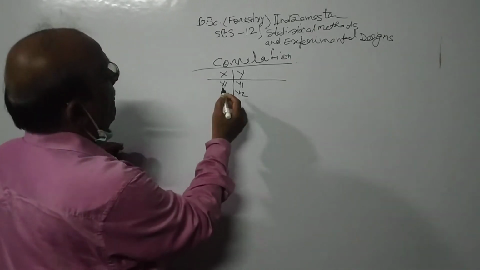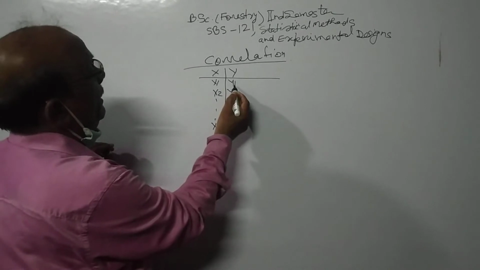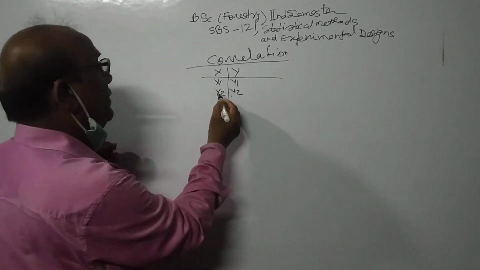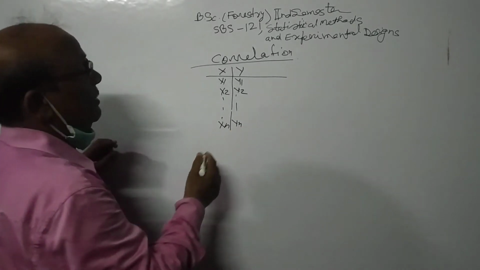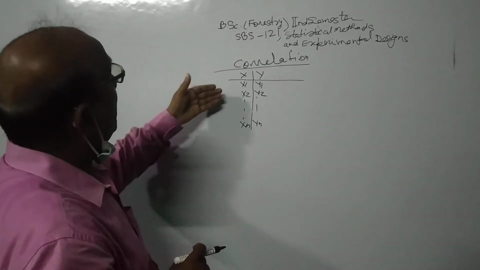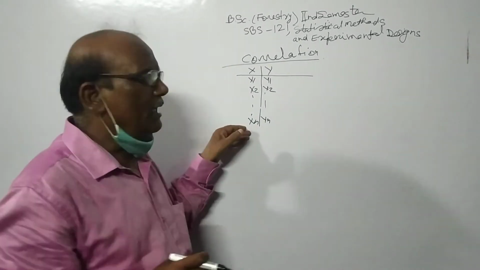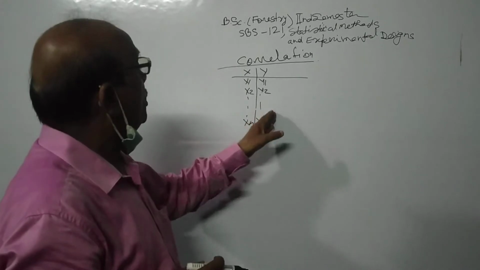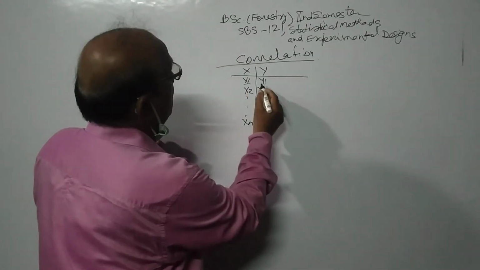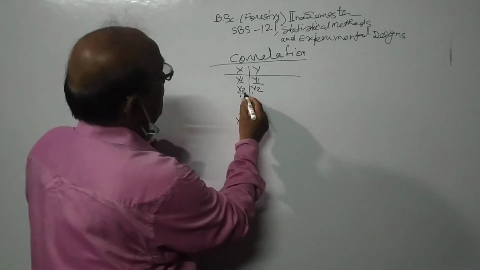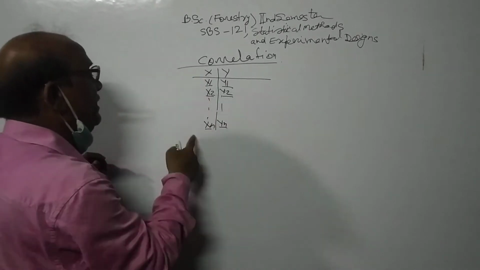If we apply dose x1 we get y1, again a different dose x2 gives y2, up to xn and yn. So you can see these are different dosages of fertilizer and these are different productions of crop.